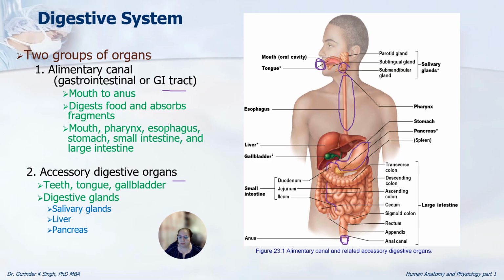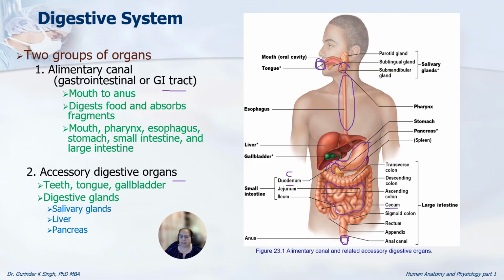The central portion here is the small intestine, and this has the duodenum, which is this C-shaped structure right here at the end of the stomach. Then we have the jejunum, and towards the end it is called the ileum. From the ileum it goes and is connected to the large intestine, and the area right next to the ileum and joined to it is known as the cecum.